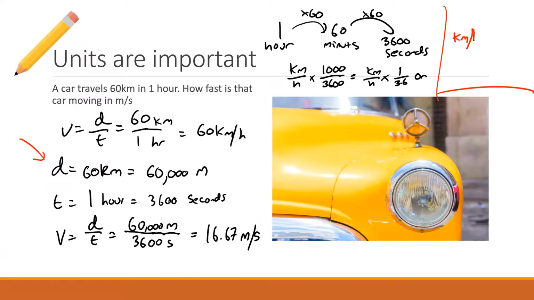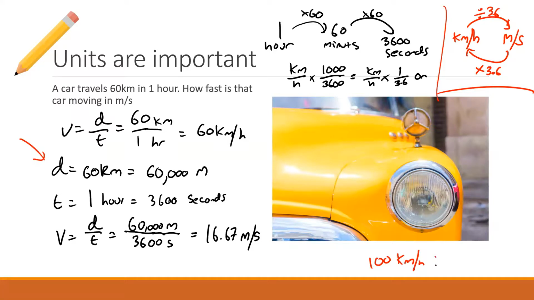Kilometers per hour. If you take that and you divide it by 3.6, you'll get meters per second. If you take meters per second and you multiply it by 3.6, that'll take you to kilometers per hour. So if you had, like, let's do an example down the bottom, 100 kilometers per hour.